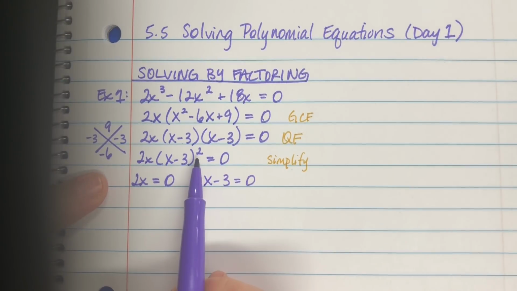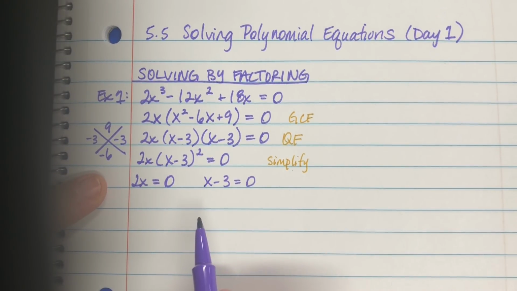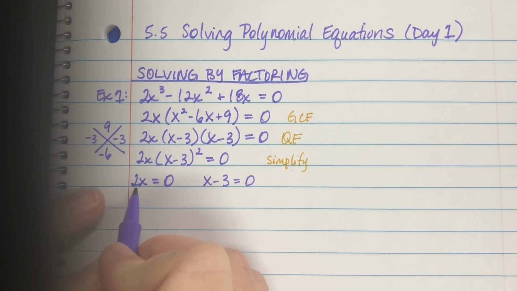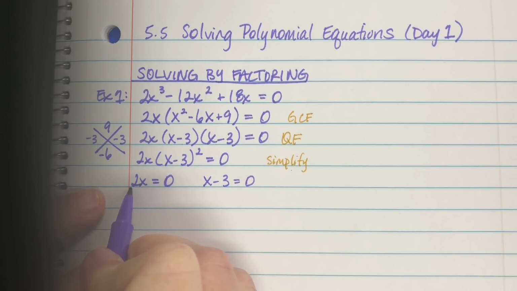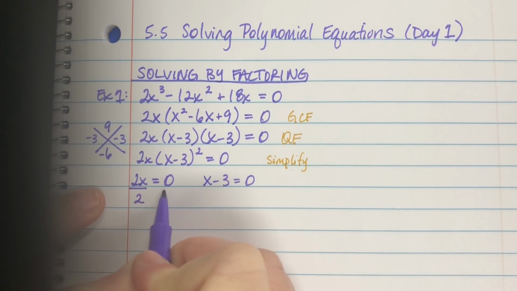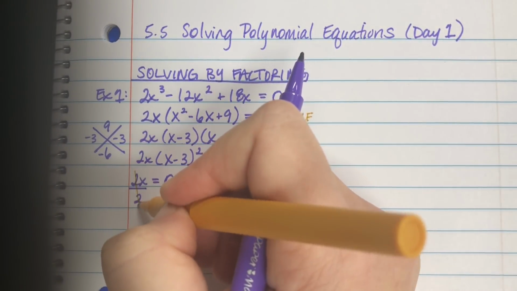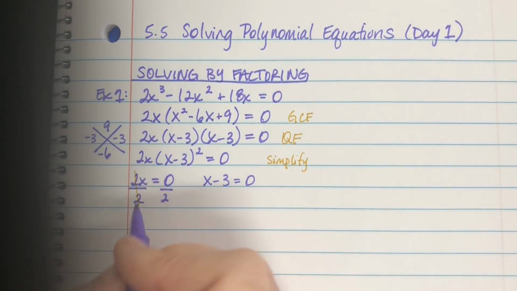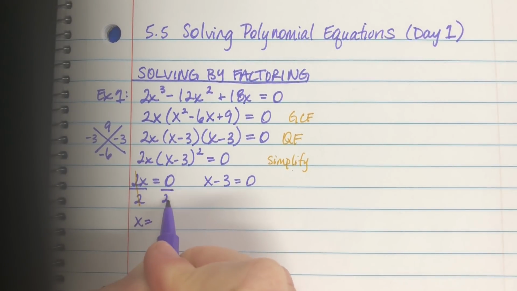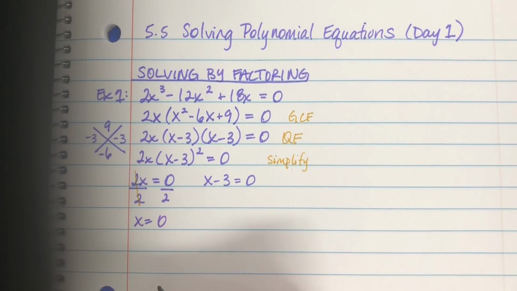You don't need to worry about the squared. Solving for x, for both sides, to eliminate the 2, we would need to divide by 2. 2 divided by 2 cancels. X equals 0 divided by 2, which is 0.